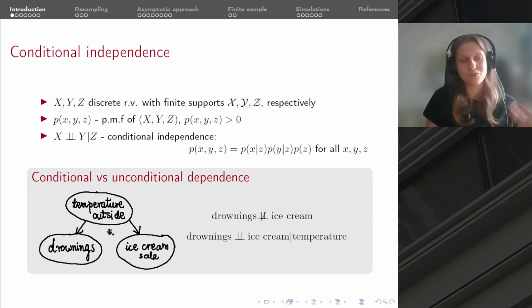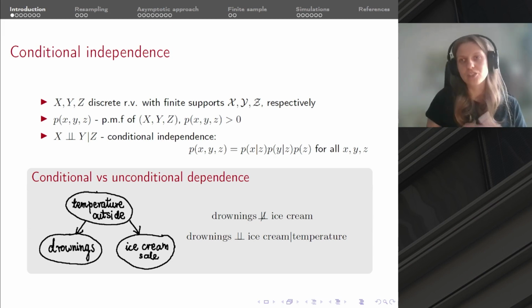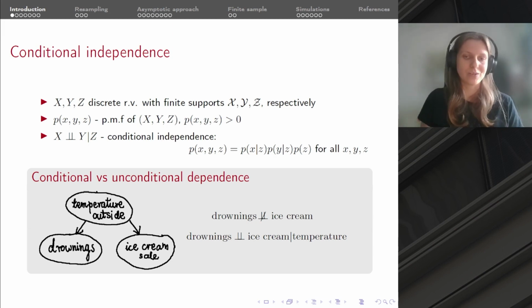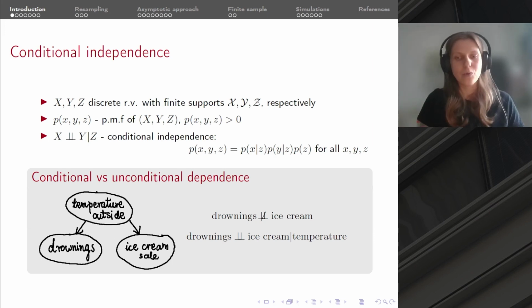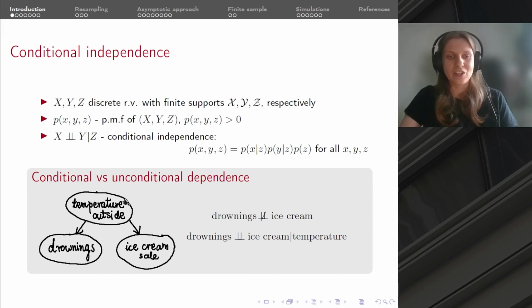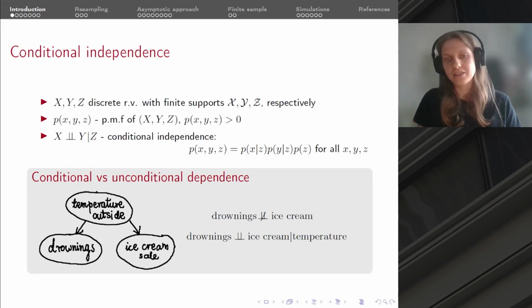So the two, drownings and ice cream, are not independent, but if we include some additional variable, for example, temperature outside, then they become independent, because now we know something more, the common cause of these two things. So this is an example in which conditional and unconditional dependence are not the same.